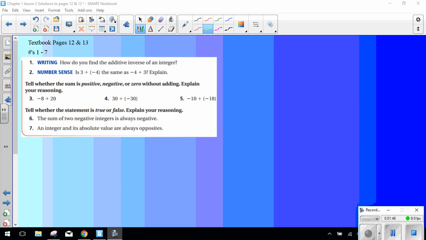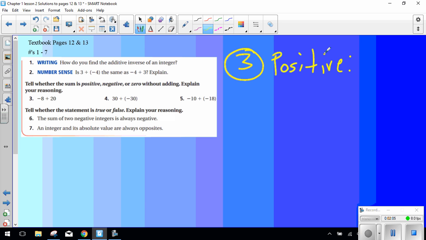Okay, for number 3, tell whether the sum is positive, negative, or 0 without adding. Explain your reasoning. For number 3, the solution is going to be positive, and the reason is 20 gives you a larger absolute value than negative 8.